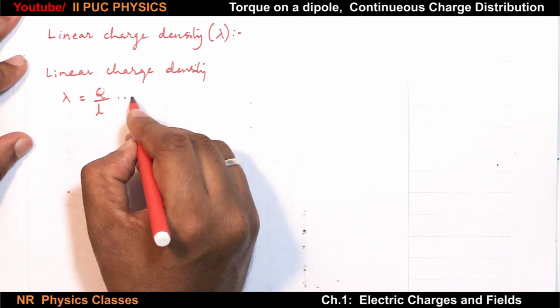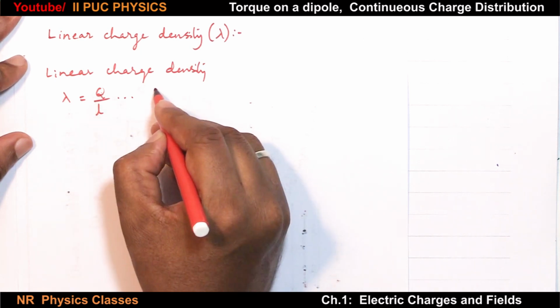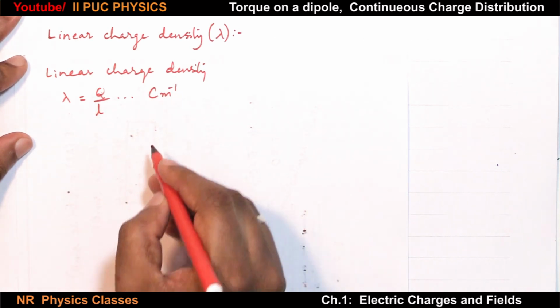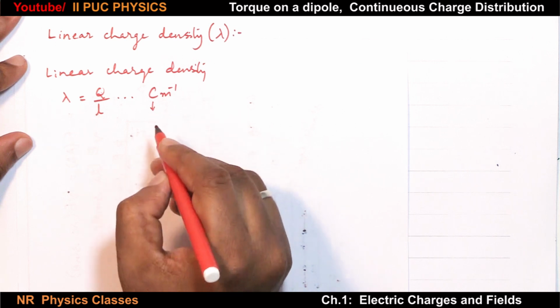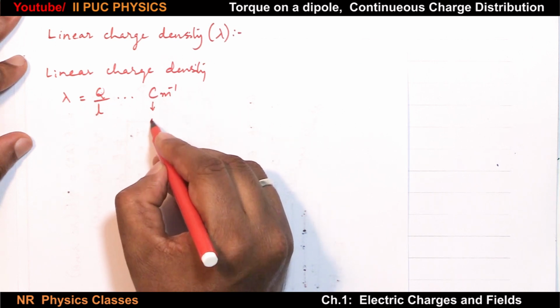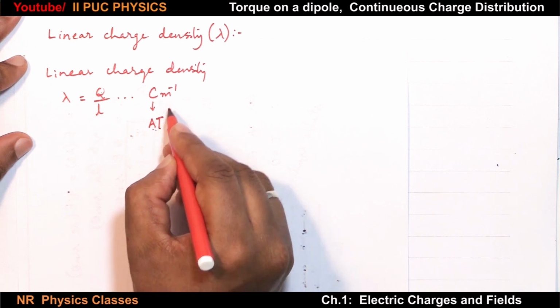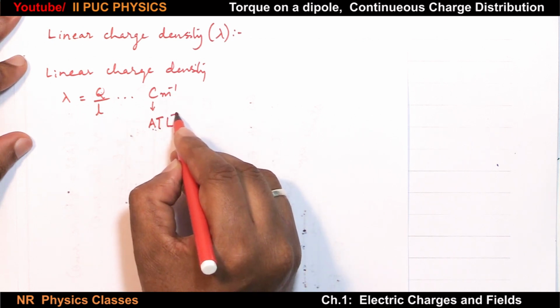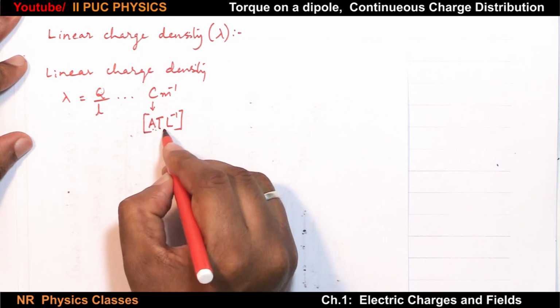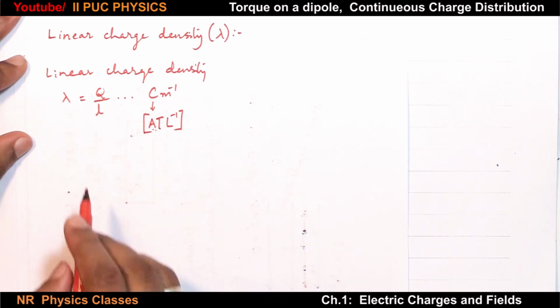So the SI unit of charge by length is coulomb per meter. The dimensional formula for coulomb is AT, ampere time. Per meter means L minus 1. So AT L minus 1 is lambda.